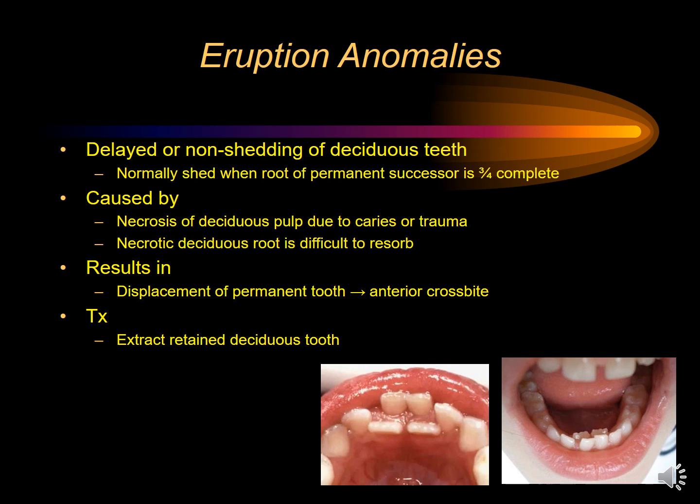This can result in displacement of the permanent tooth, leading to a possible anterior crossbite. The treatment is to extract the retained deciduous tooth as soon as possible to allow the permanent teeth to align.